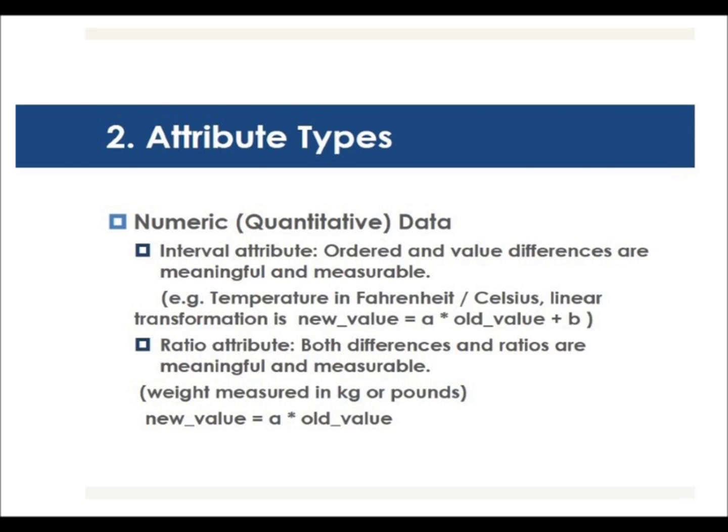But for some attributes, the ratio is important, like weight in kilograms or pounds. That allows you to do a scale. You can scale the unit, but you are not allowed to add another constant.